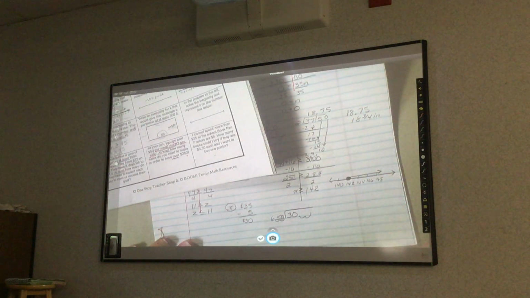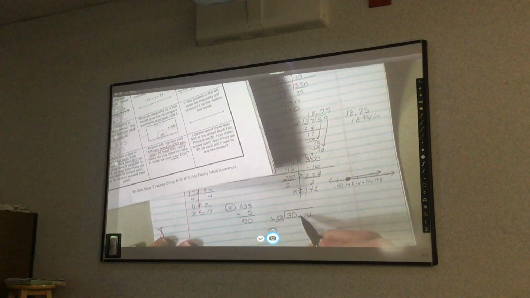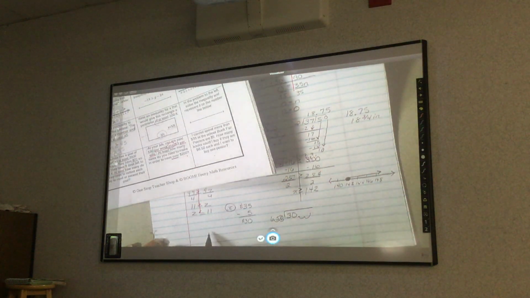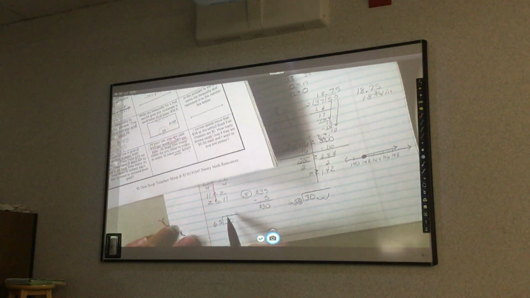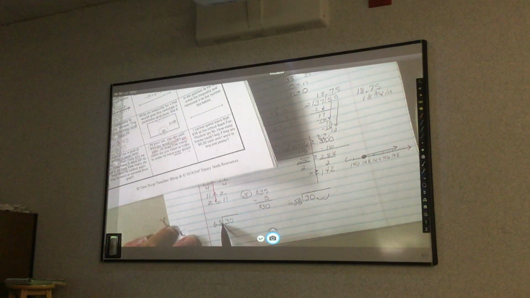So instead of moving it 2 places, I really only have to move it once. I'm just going to divide it by 6.5, because that other 0 is not needed. So then I'm going to move the decimal 1 place. So I'm going to rewrite it as 300 divided by 65.